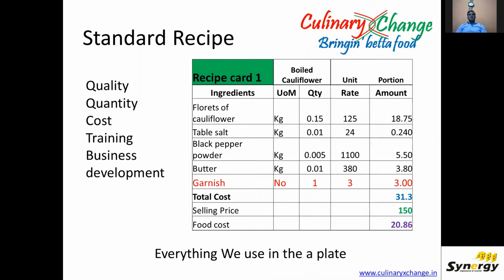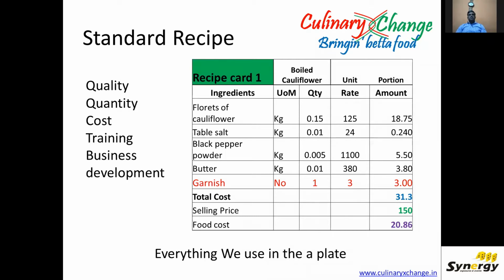The standard recipe can help you in maintaining the following things. One main reason for a standard recipe is sustained, consistent quality. If you have a recipe card and anytime you do a production, you follow the recipe card religiously, your quality and consistency will remain the same.